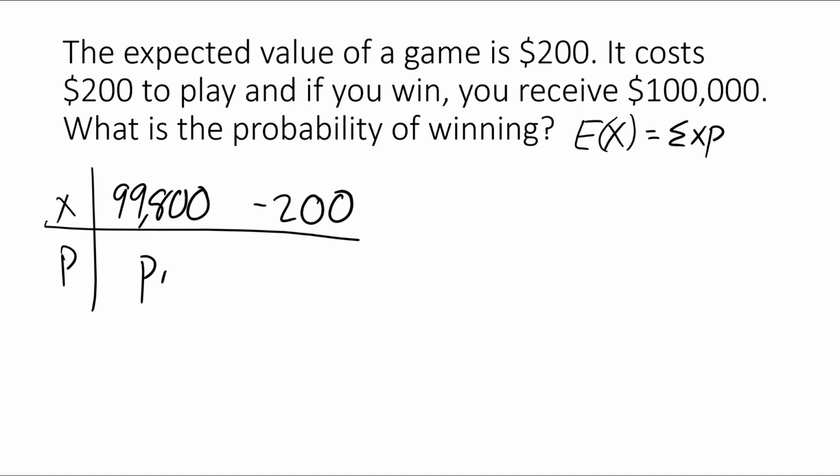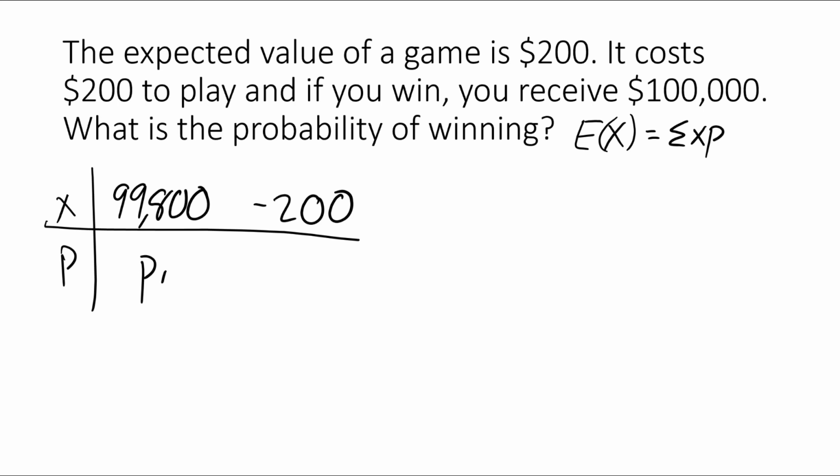The probability of that happening, well, we don't know that either. But we know that one of these two things has to happen. Either you win or you lose. And so if we knew the probability of winning was, let's say, 20%, that would tell us the probability of losing is 80%, because the two of those added together have to give us 100%.